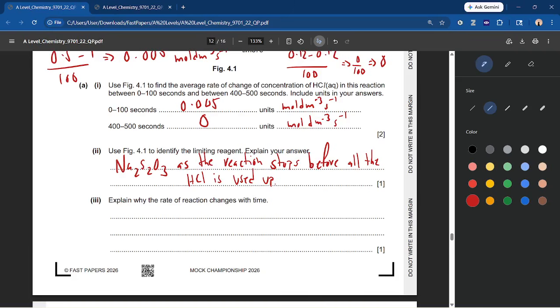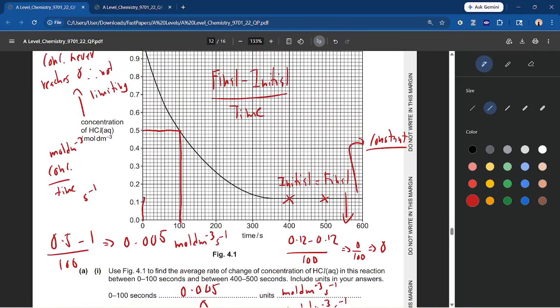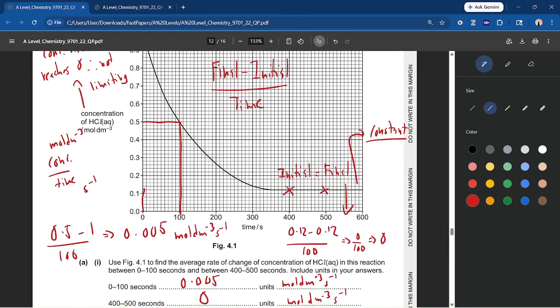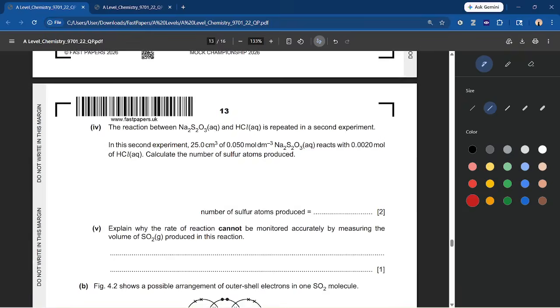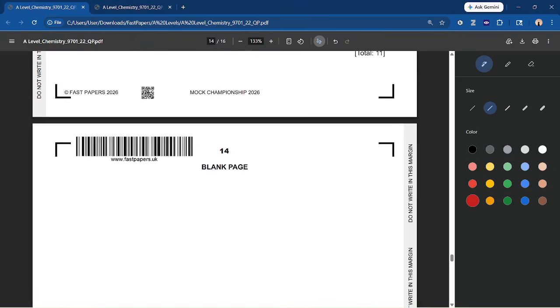Explain why the rate of reaction changes with time. So as you'll notice, the concentration decreases as time increases. So because the concentration is decreasing, you're having fewer effective collisions happening. So let me go down to over here.